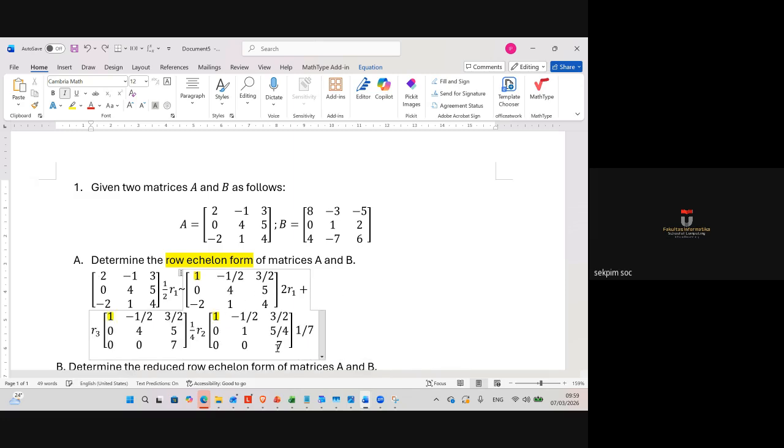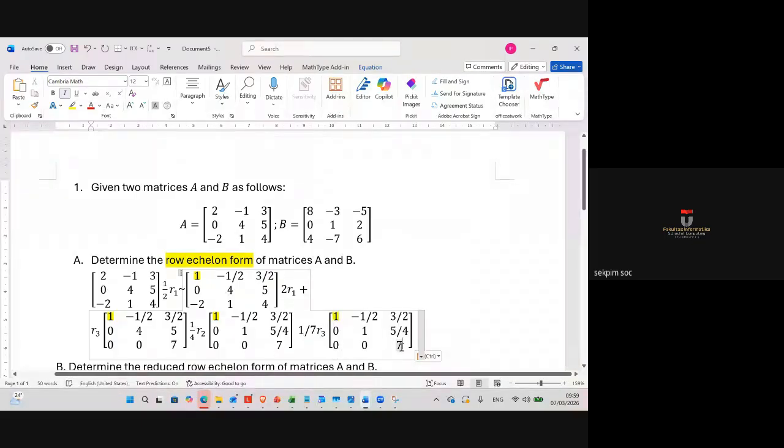Okay, so 1/7 times row 3, such that this 0 remains 0, right? 0 times any constant should be 0.